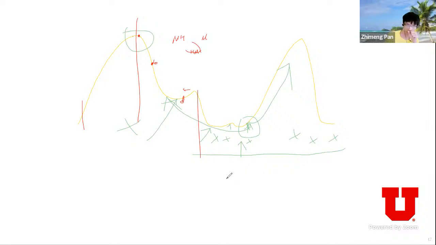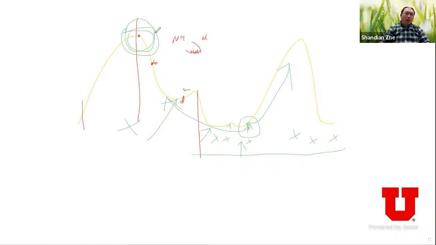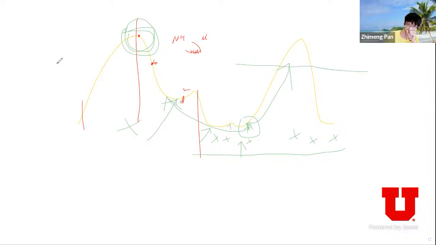For this kind of method, if we happen to find this location, then most likely we'll get trapped here, because the probability is so high that it is very hard to find an area with a higher probability than this point.